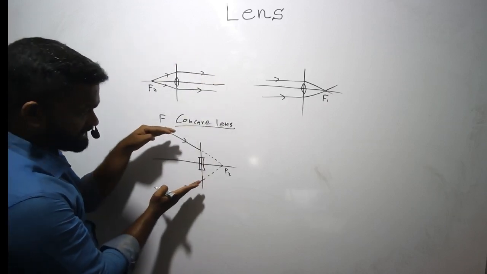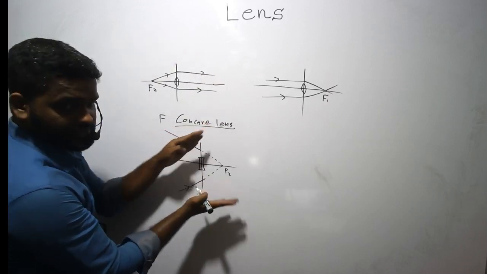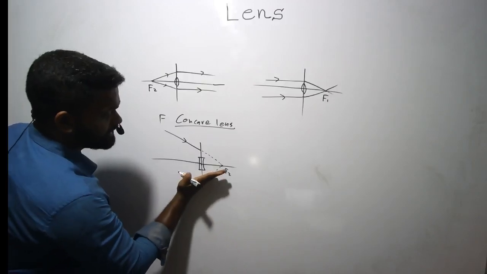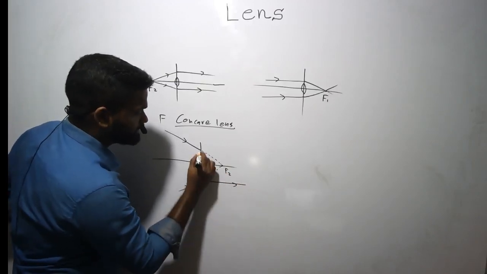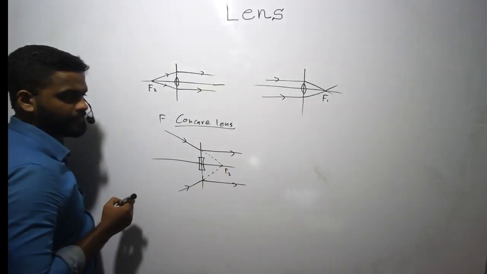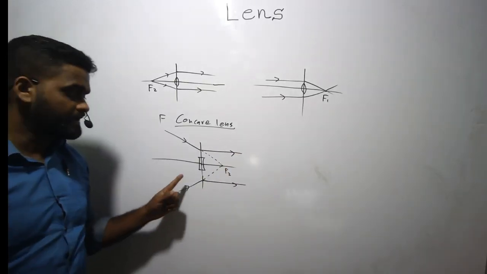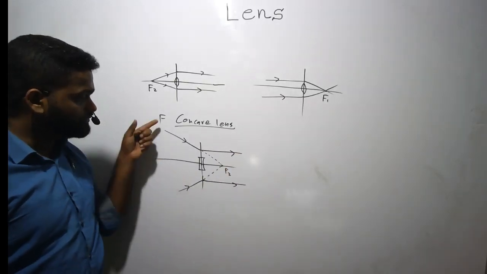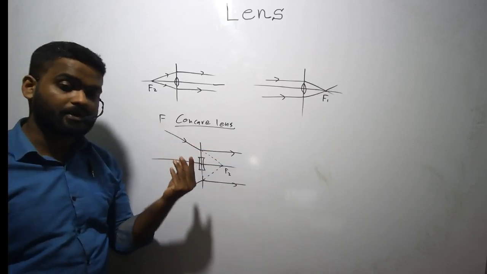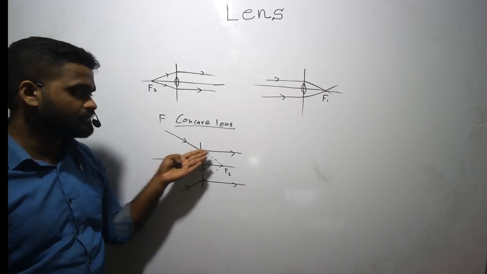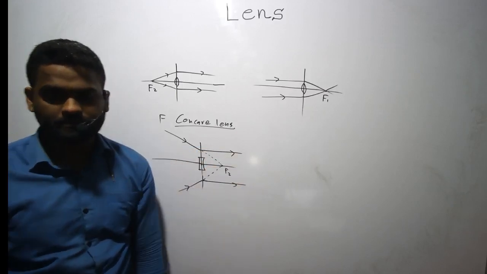Here a concave lens diverges. Diverges means the ray goes like this, but it bends away from the principal axis. It goes like this, right? So now you can identify the rays that are going to go to the secondary focus, but after the refraction, what's the property of the secondary focus? After refraction, those rays become parallel.